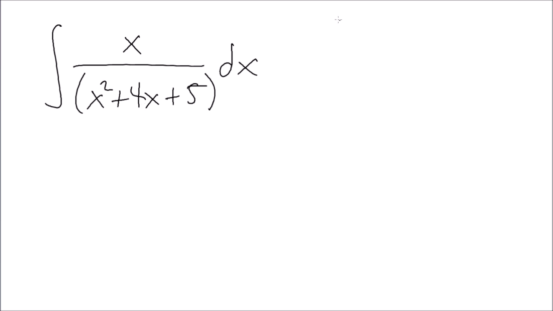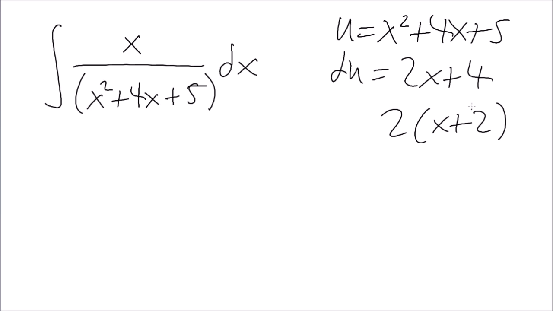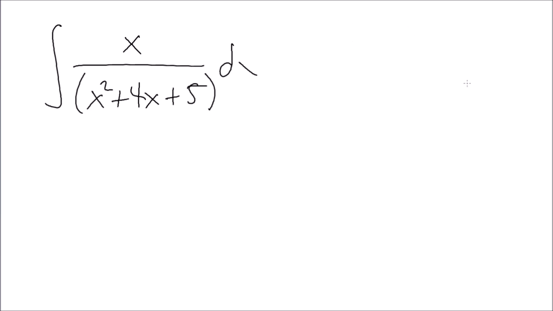So if I want u to equal x squared plus 4x plus 5, then I need my du to be 2x plus 4. So I need x plus 2. Okay, no problem. So we'll go ahead, add a 2, minus 2, right? Zero substitution.